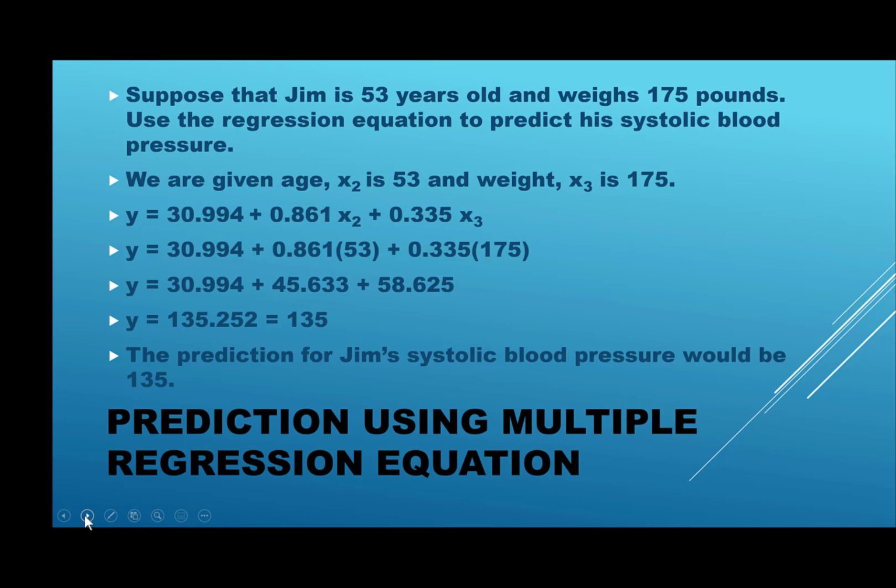Then the next step would be to go through and do those multiplications, and then we would add and get a single result. So my y, or his systolic blood pressure, calculated would be 135.252. Now, systolic blood pressure is measured in a whole number, so we would round that to 135. So the prediction for Jim's systolic blood pressure would be 135.